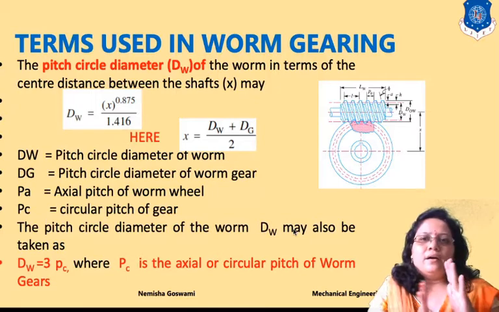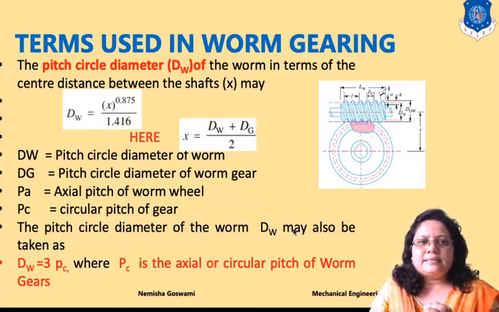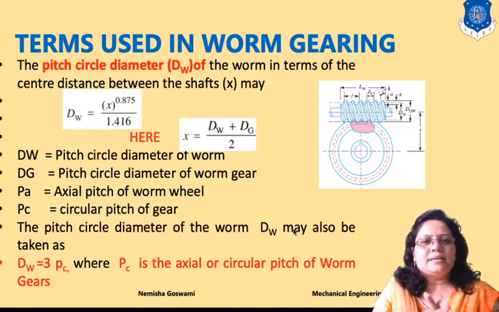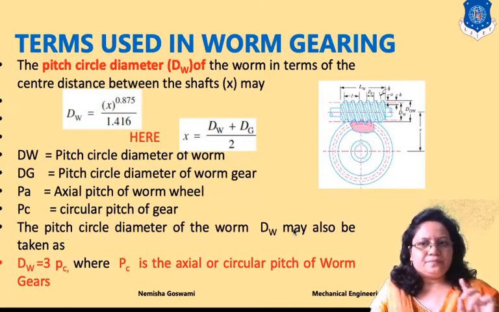The pitch circle diameter of the worm is given by the standard formula: X to the power 0.875 divided by 1.416. Here X is equal to (dW plus dg) by 2, where dW indicates the diameter of the worm and dg indicates the diameter of the gear.